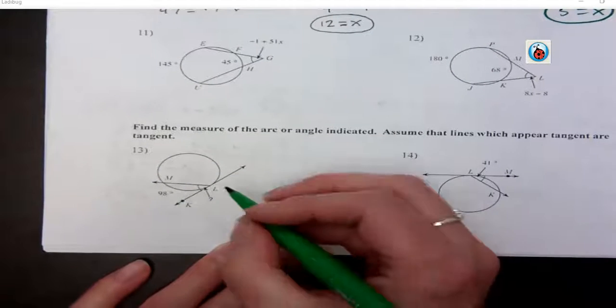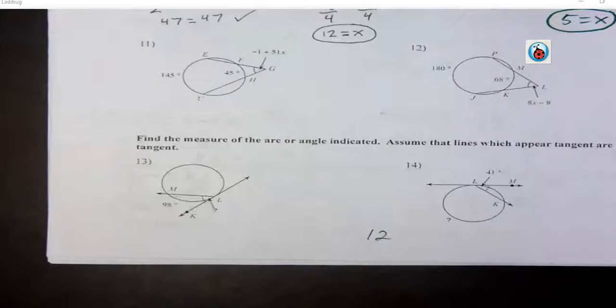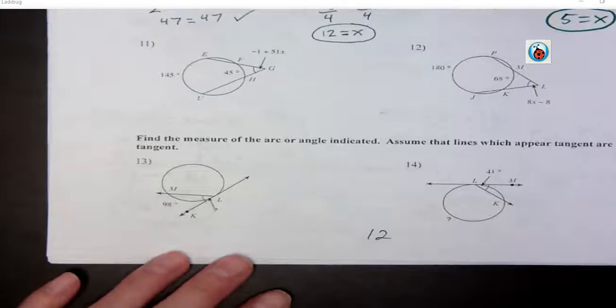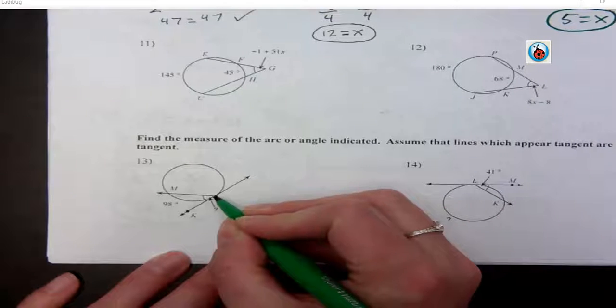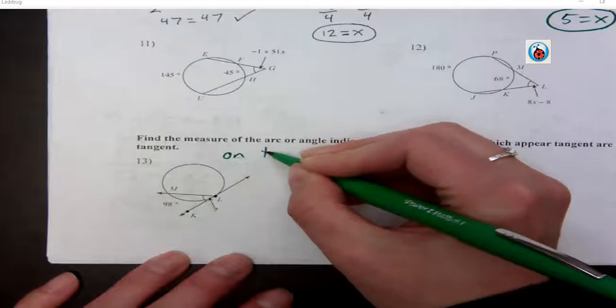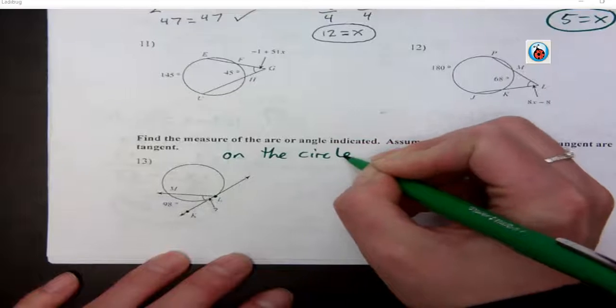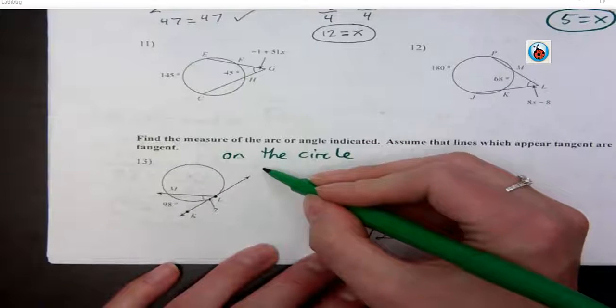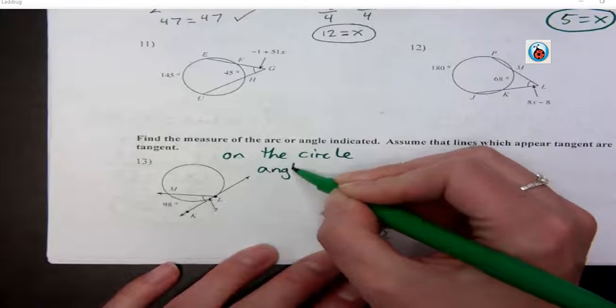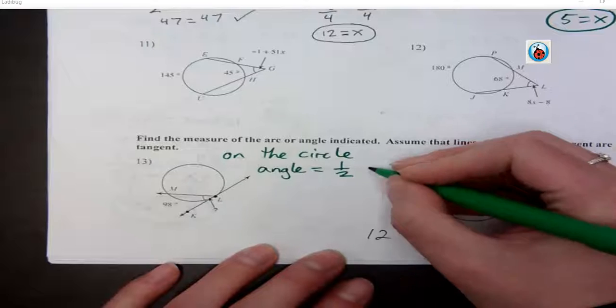Alright, on our next one, now we have our vertex on the circle, which just means angle equals 1/2 the arc.